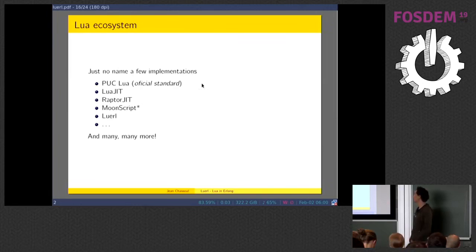It also has an ecosystem, like the standard official Lua from Brazil, LuaJIT and RaptorJIT, Moonscript, which is kind of a different language built on top, and Luerl, which is the reason that I'm here, and many more implementations.